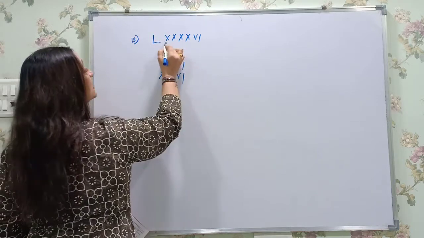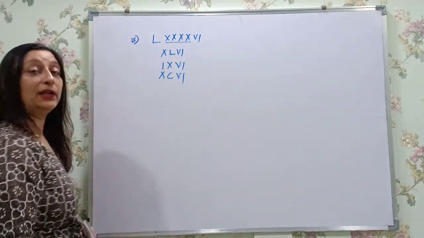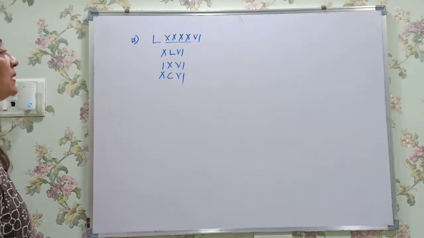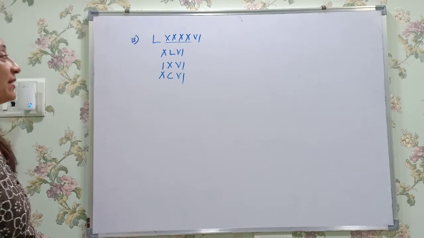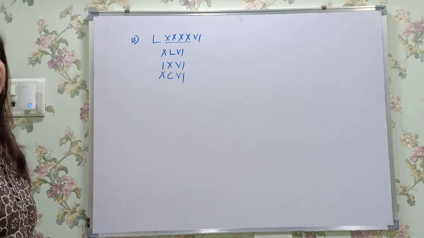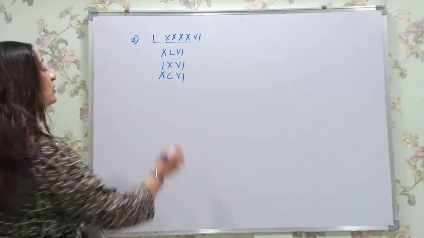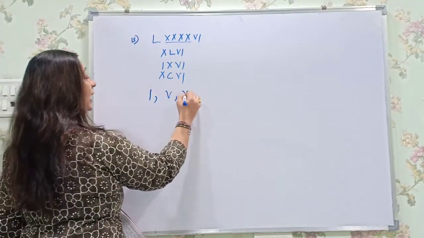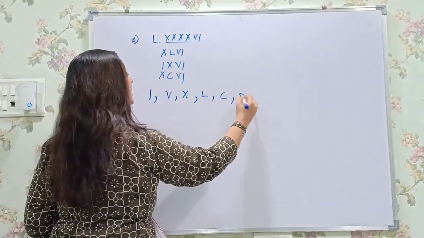Now kids, there is no letter zero in Roman numerals. How many Roman numerals are there in all? 7. Yes, 7 numerals, 7 symbols they use, right? Which are the 7 symbols? I, V, X, L, C, D, M.